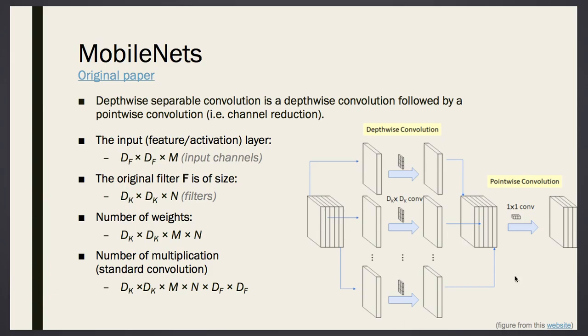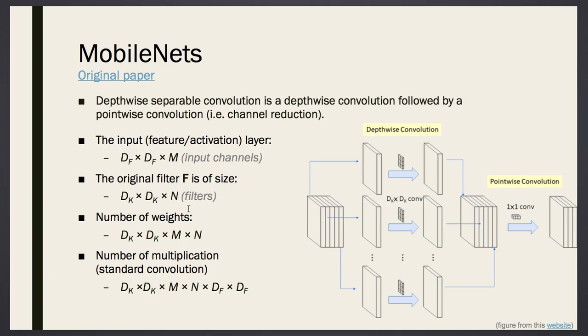The original one, not in this figure. So I was going to apply this activation to this filter, right? If the example was standard convolution, the number of weights of this layer would have been dk by dk by m times n, because this is the size of the filter times the depth.